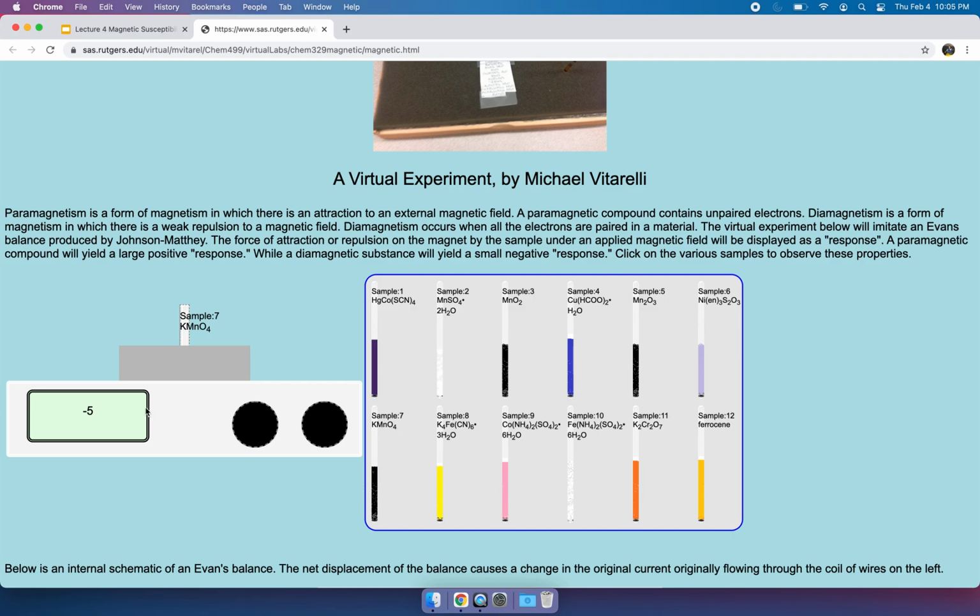Potassium permanganate is diamagnetic, so you should get a small negative number for it. The most interesting one, where is it? There it is, this one here.